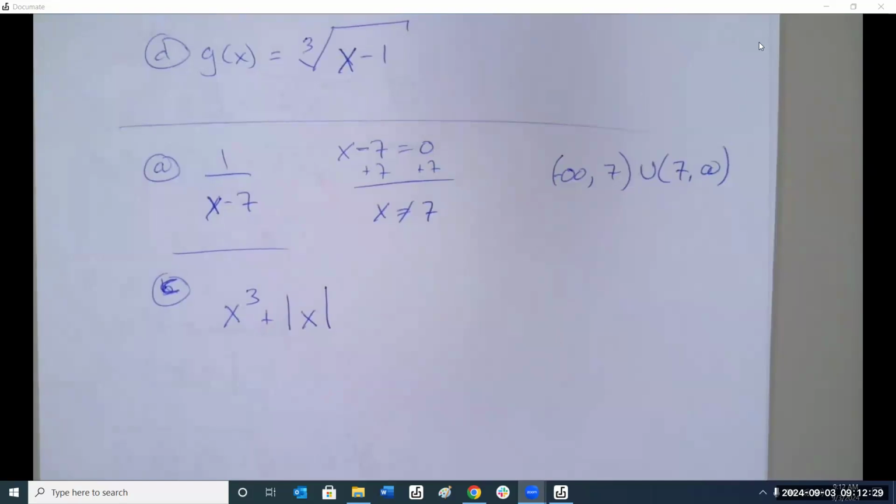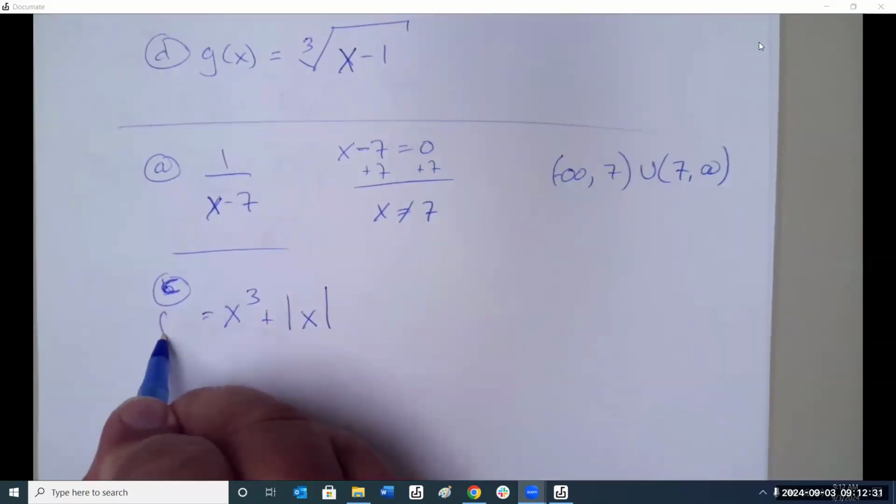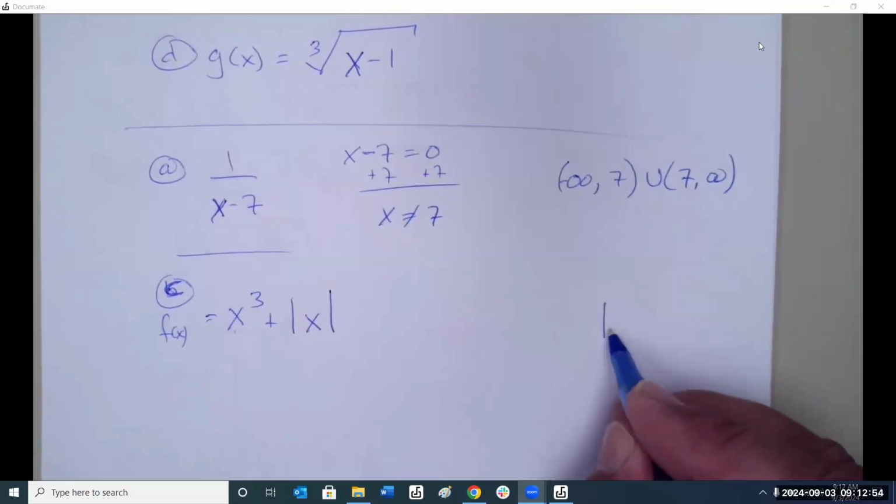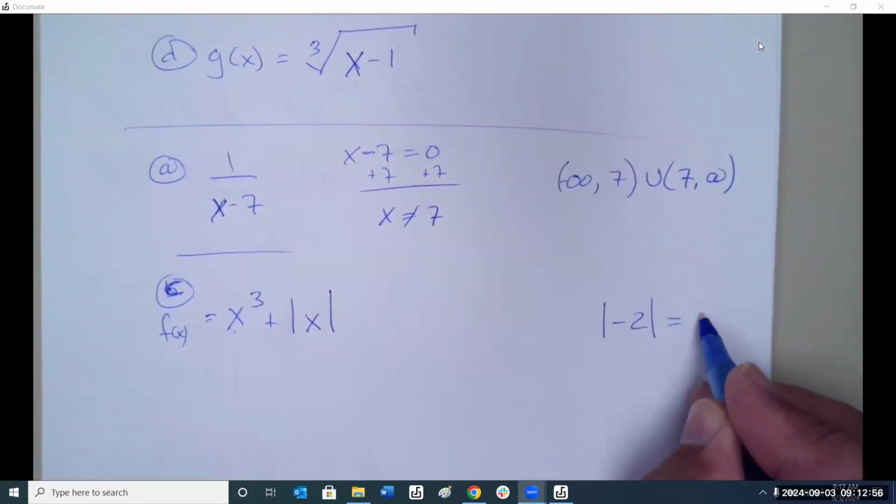We haven't talked about this one yet. X cubed. Are there any rules about x cubed? Can x be positive? Can x be 0? Can x be negative? Yeah, so this one has no restrictions. How about inside here? Can you put a negative number in there? Yeah, because the absolute value of -2 is 2.